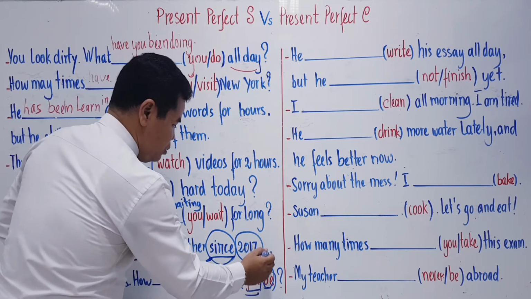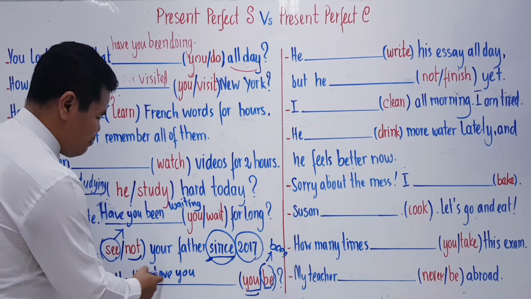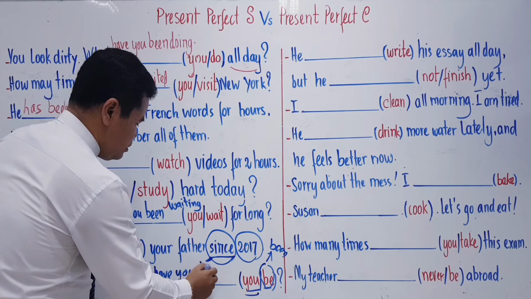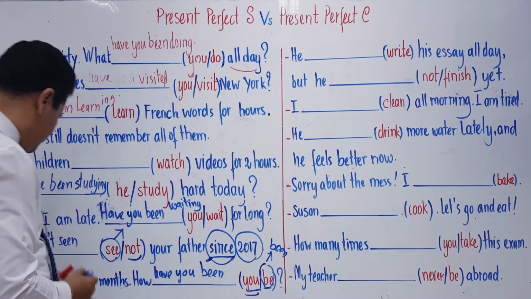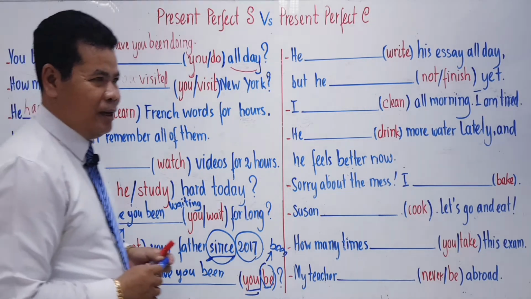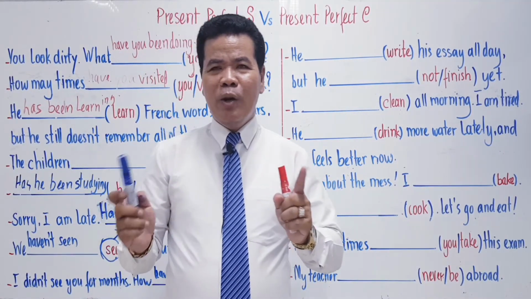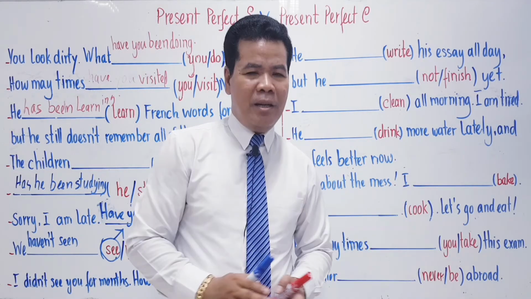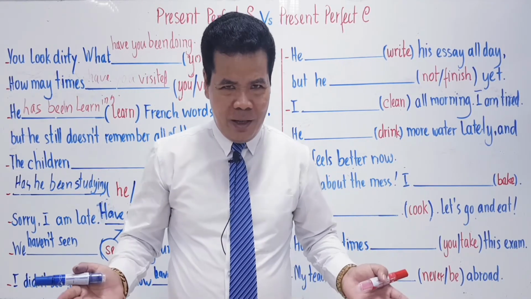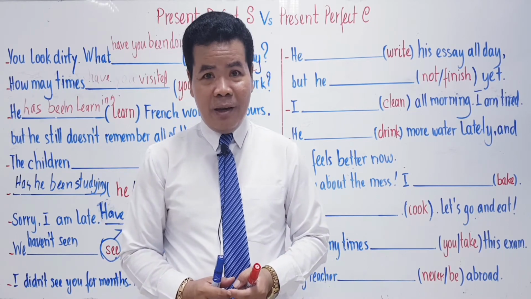Be goes to been. So what is that? How have you been? I didn't see you for months. How have you been? But sometimes you can add some words after how have you been, like long time no see. Hey, how have you been? Long time no see, right?